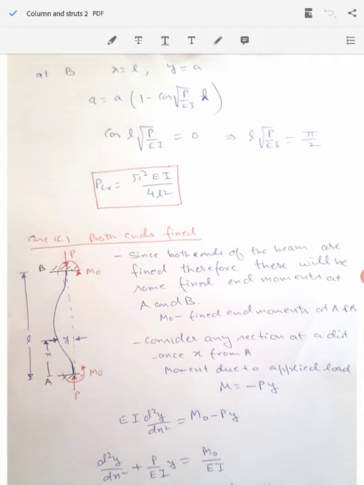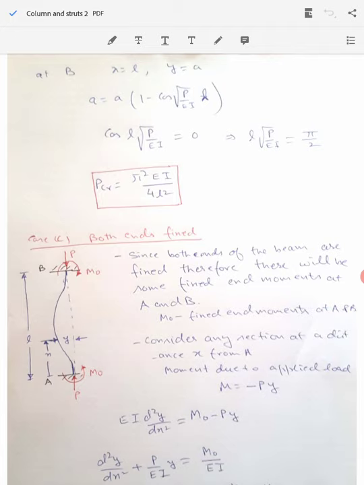And we also talked about that the column will always buckle about the axis about which the moment of inertia is less, because the flexural rigidity is given by E into I. E being the same for the material in both the directions, it is the I which will decide in which direction the column will bend. So the column will always bend on the side where the moment of inertia is less.